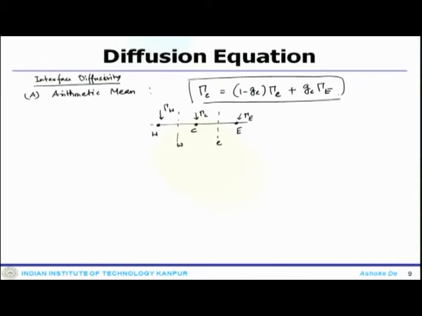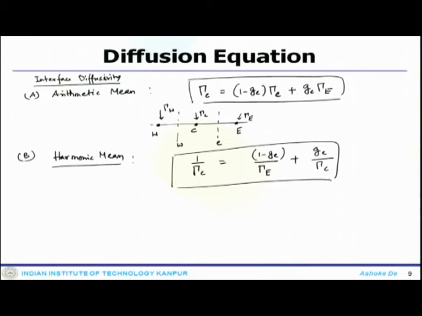So, at the east interface you can get the arithmetic mean like that, or one can write the second option, which is the harmonic mean. That means you write 1 by gamma e equals to 1 minus G e by gamma e plus G e divided by gamma c.